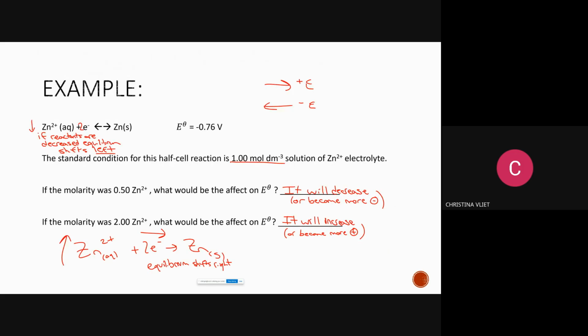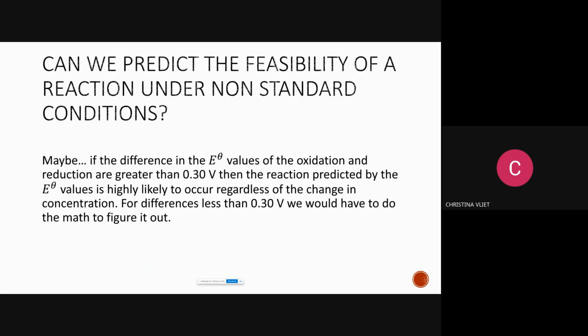And so will this affect spontaneity of a reaction if we change the E value? The answer is yeah, possibly it could. It could change a non-spontaneous reaction to a spontaneous reaction, or it could change a spontaneous overall reaction to a non-spontaneous reaction. So changing the concentrations will alter the spontaneity, especially if the E values are within 0.30 of 0.